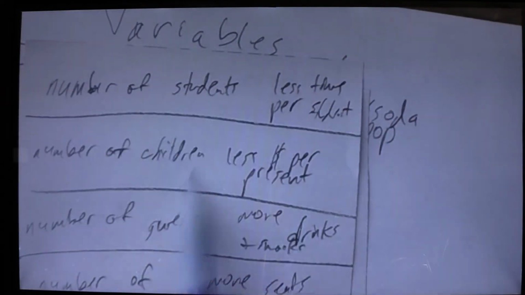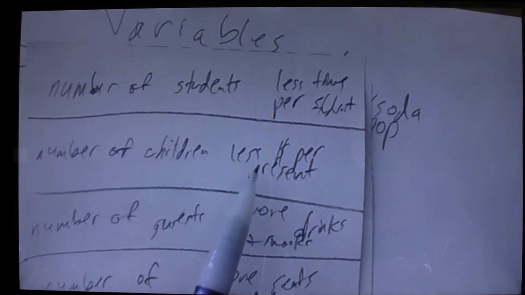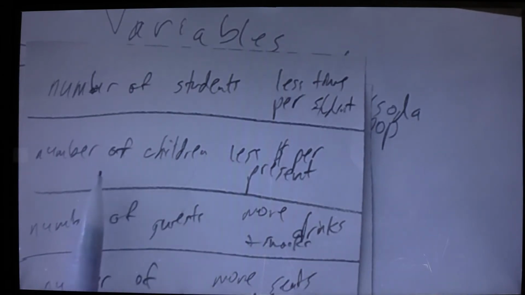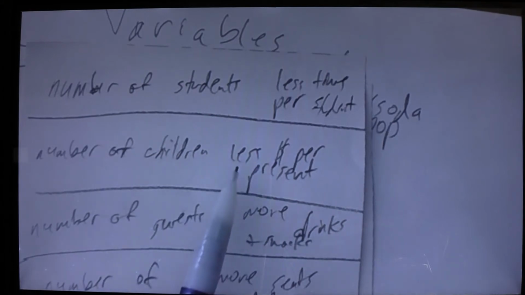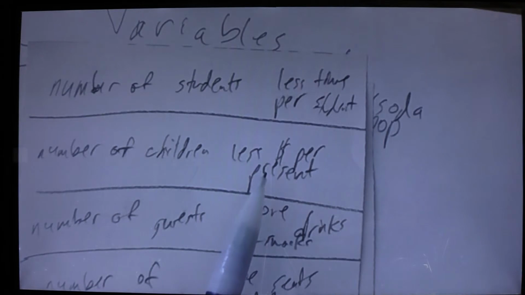Let's talk about a family. Maybe the more children in a family, the less money for Christmas presents. A family that has only one child can spend more money per present. But if they have two children, it's going to cut their amount of money perhaps in half.